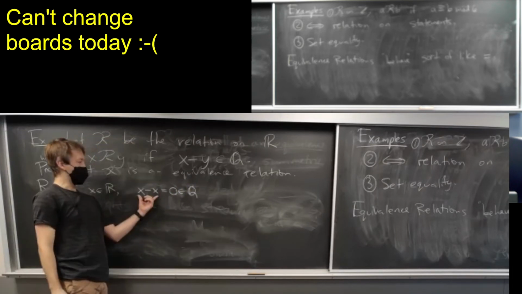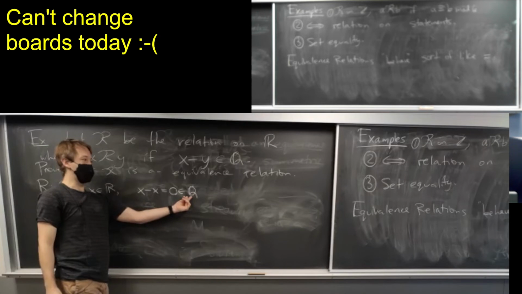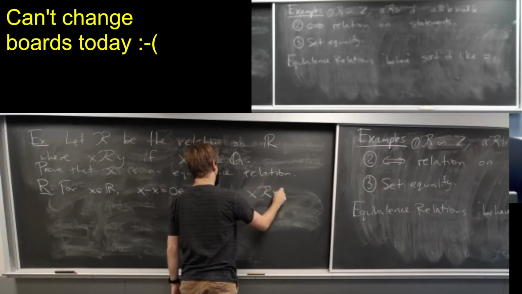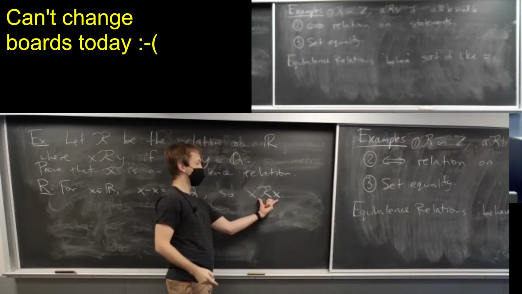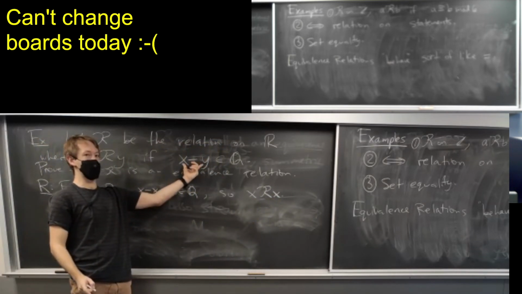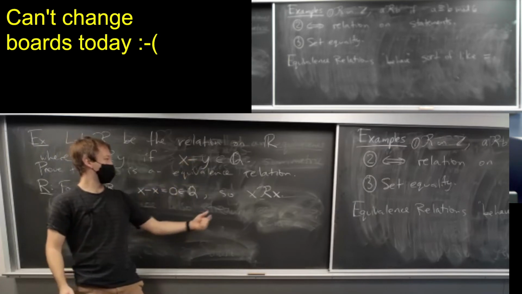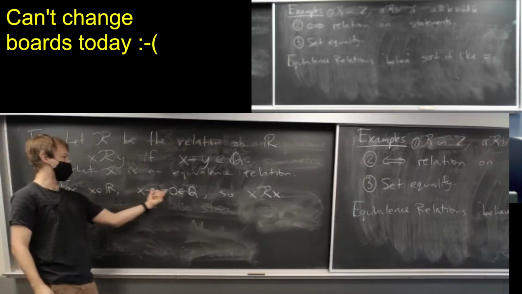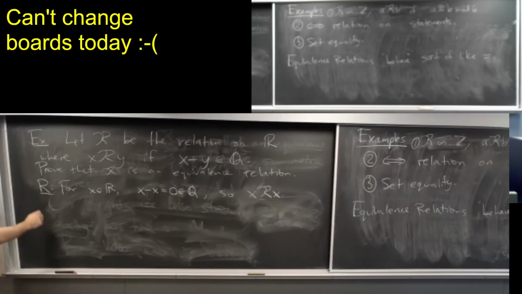So x minus x is always 0, and 0 is a rational number. So x and x satisfy the property that you need, the condition for x related to y. So x is related to x because x minus x is rational.